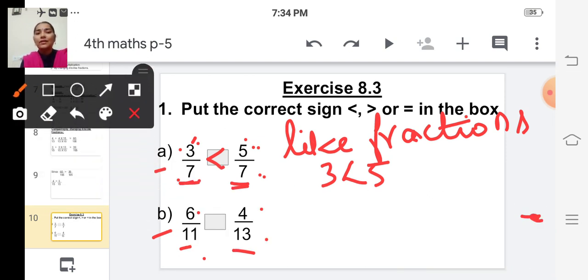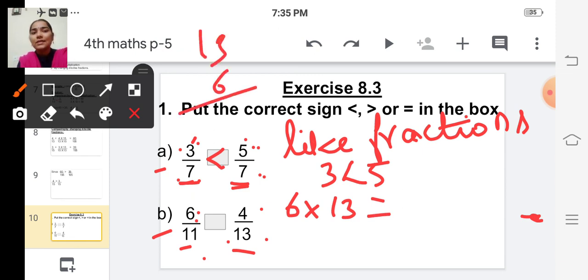Okay, so we can cross multiply. So 6 into 13, let's find out. What is 6 into 13? 6 3s are 18, remainder 1, 1 6 are 6, 6 plus 1 is 7, 78.